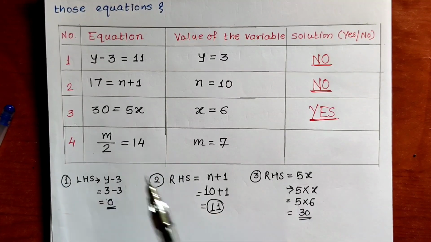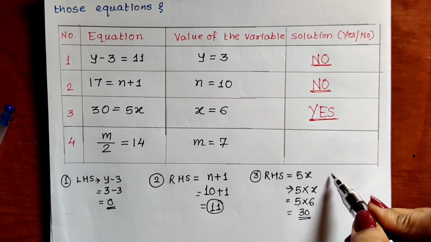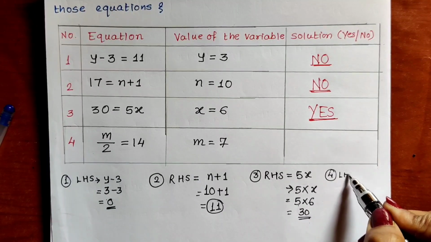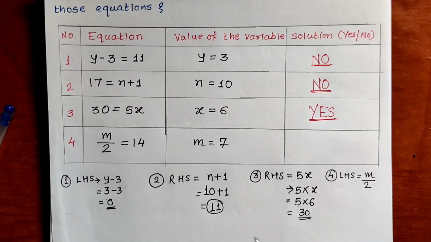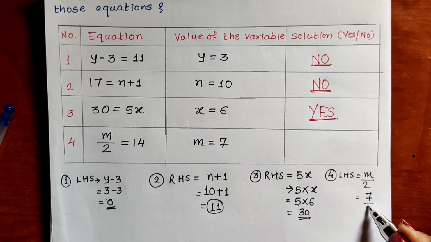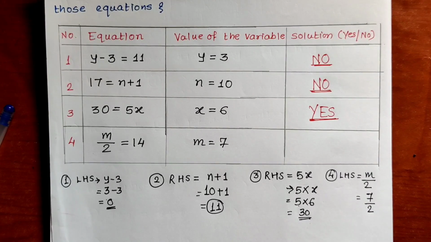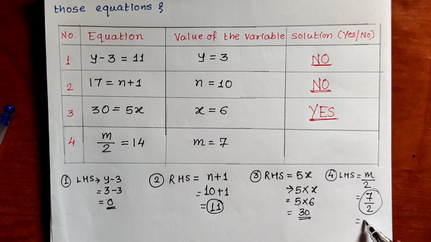Now the next one, m upon 2. The variable side is the left hand side. It is m upon 2. Now the m value is given as 7. So in place of m we write 7 upon 2. Can you divide 7 by 2? If we divide, the answer will be in decimal form.